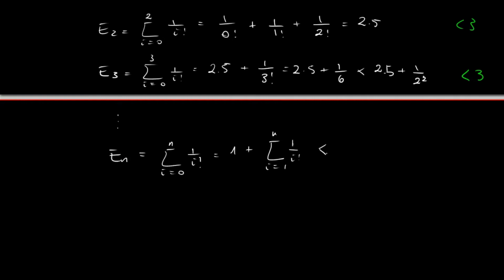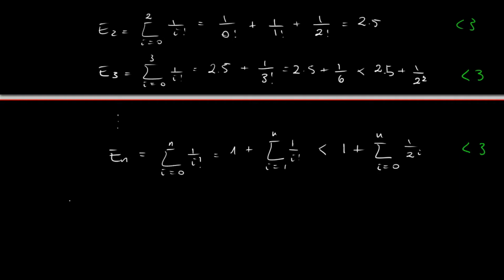And this is smaller than 1 plus the sum from i equals 0 up to n of 1 over 2 to the power i. And this number is also smaller than 3.